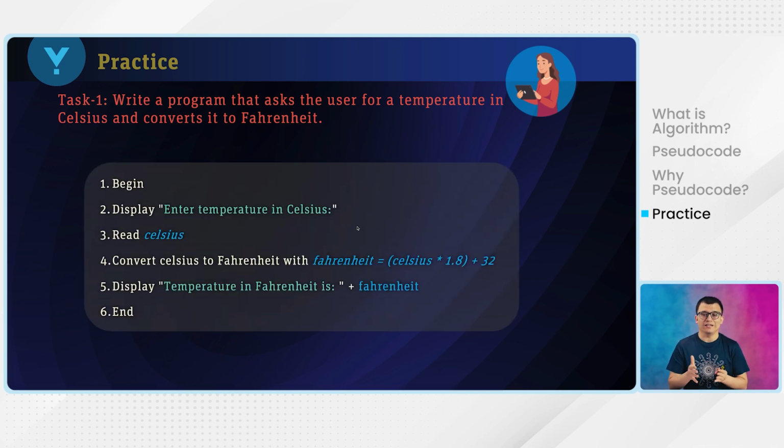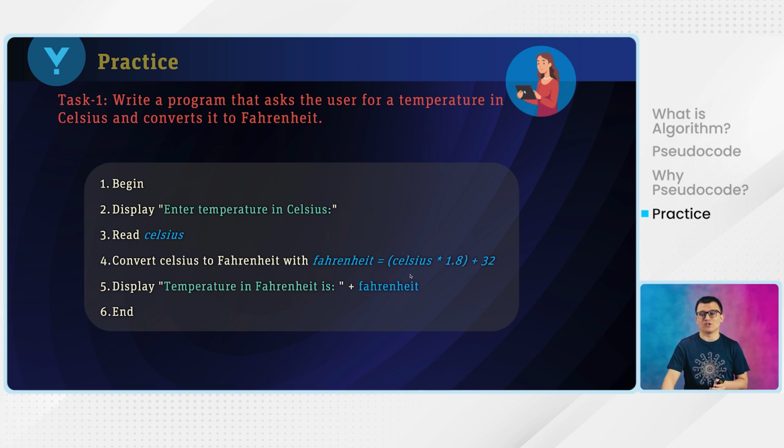First, you begin. Second, you display a message such as enter the temperature in Celsius. Then the user is going to enter the temperature, and in the third step you need to read it. Once you read the user-entered temperature in Celsius, next you need to use the formula to convert that Celsius to Fahrenheit.